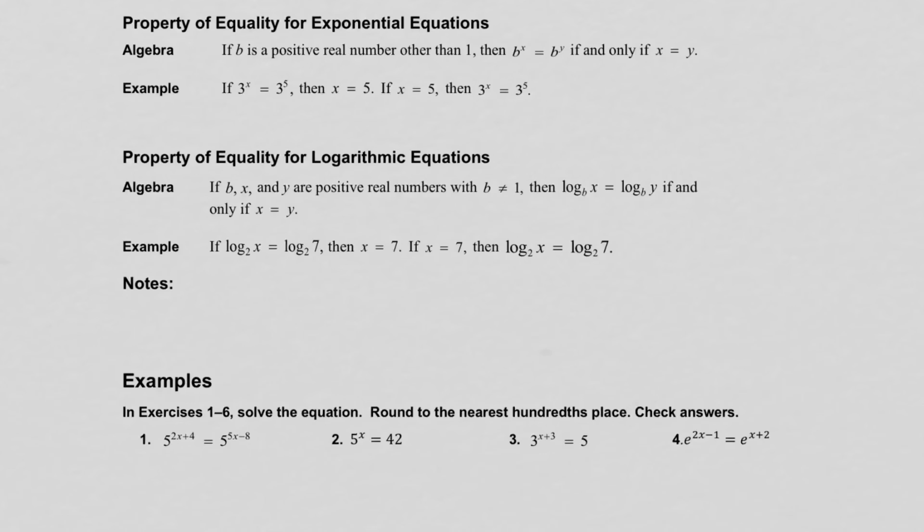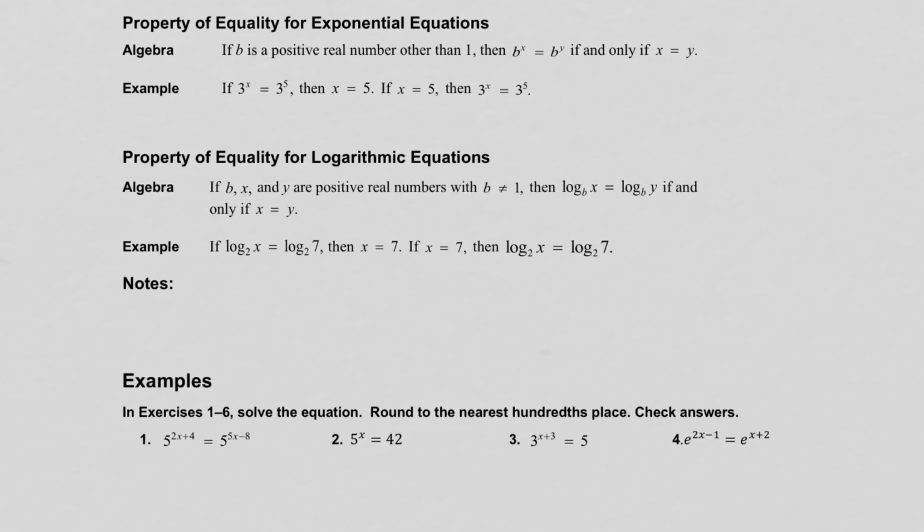And alternatively, if x is equal to 5, then we know that 3 raised to the x power is the same as 3 raised to the 5th power. And that also applies to the property of equality for logarithmic equations. So if b, x, and y are positive real numbers where b is not equal to 1, then log base b of x is equal to log base b of y if and only if x and y are the same thing.